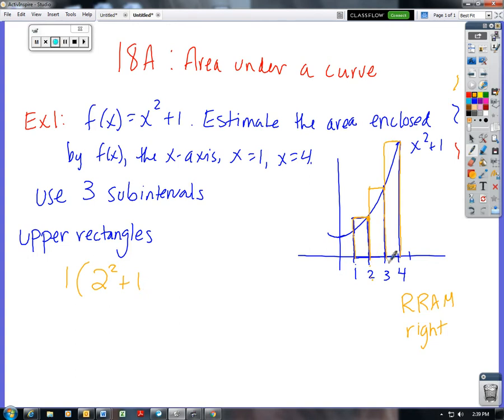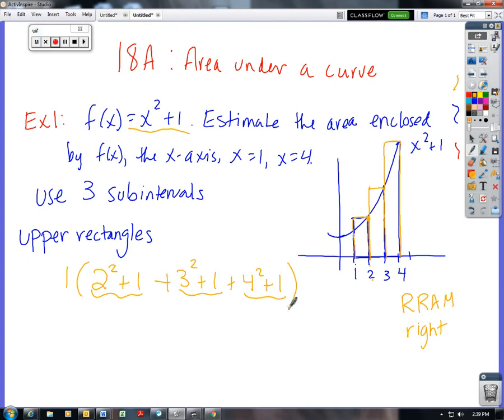Then the height of the second rectangle has 3 as the x, so it depends on the 3. 3 squared plus 1. And then the last one is 4 squared plus 1. So I'm plugging the x's into f of x to get the height. So this is the height of the first rectangle, the second one, and the third one. And then it's just a matter of doing the math.